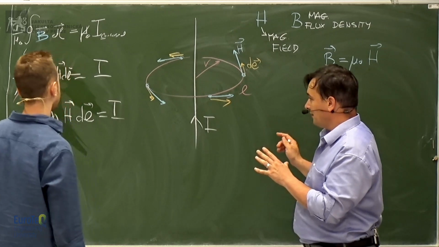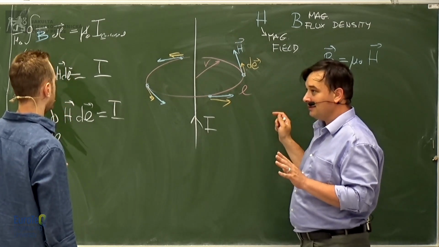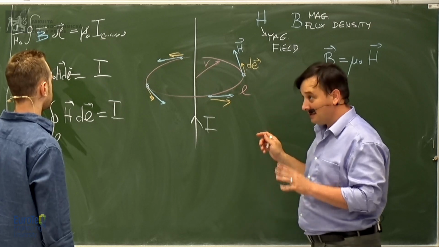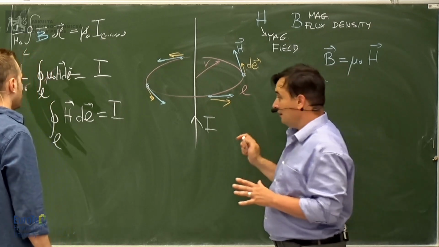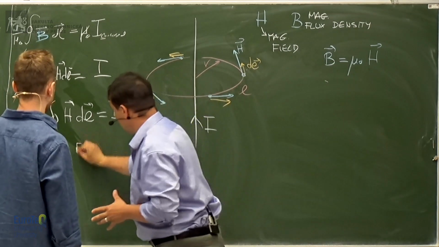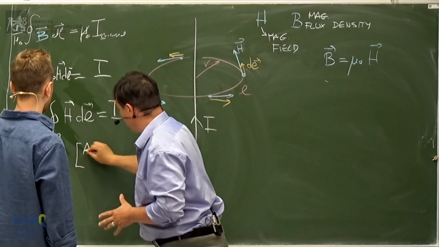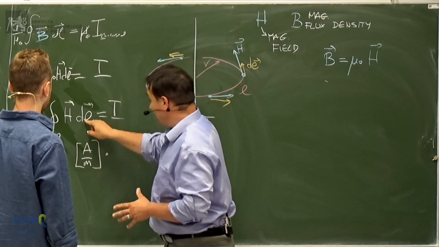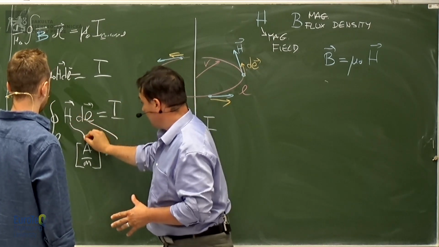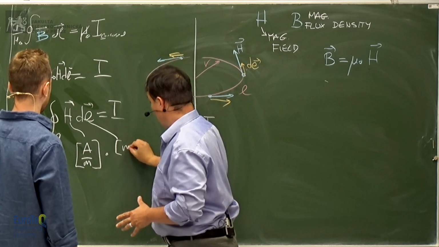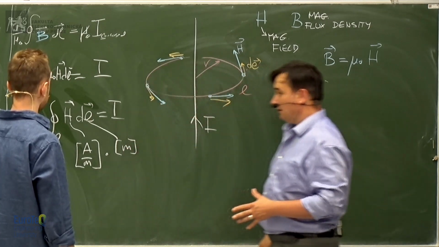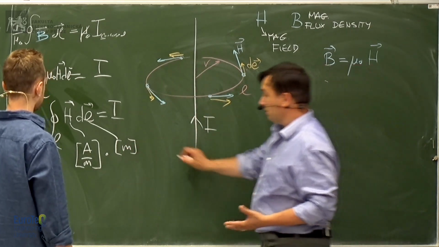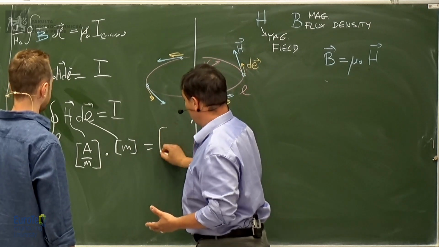It's ampere per meter. Why? Because here you have an H, in amperes divided by meter, and I integrate it over L, which is in meters. And that gives you the current inside, just amperes.